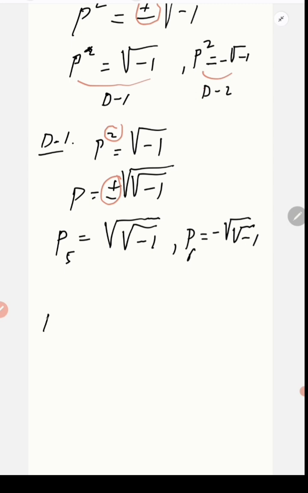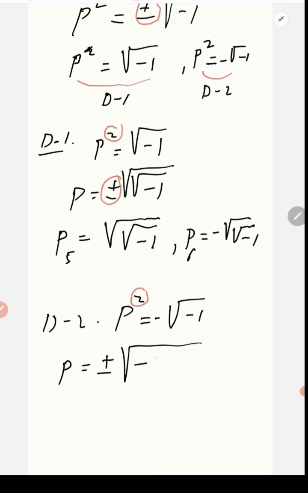For D2, p squared is equal to minus square root of minus 1. So p is plus minus square root of minus square root of minus 1.